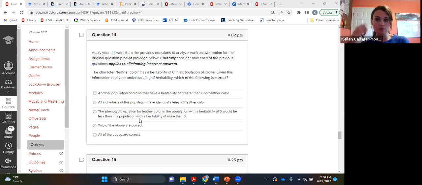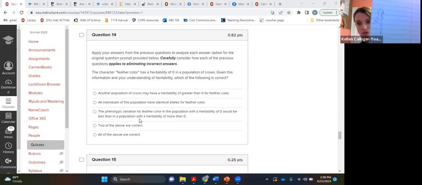I can't use heritability as a proxy for phenotypic variation, because even with a heritability of 0, there might be tons of phenotypic variation due to environmental effects. So for this one, I would say, no, that is not a correct answer. I can falsify that, and I scratched it out on my list.